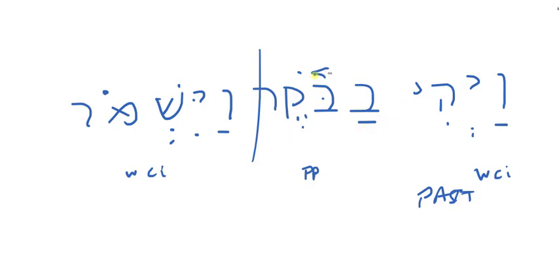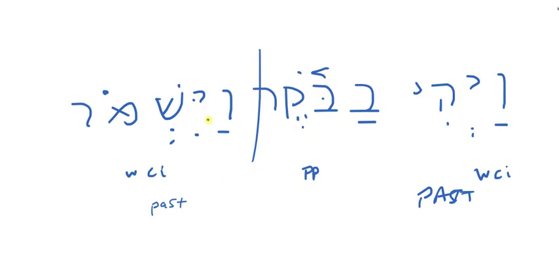I'm going to translate the prepositional phrase first, though. What is Baboker? In the morning. But whatever that morning is, it is past tense. In the morning, past time, what happened? Then the next clause begins with a WCI form, which is what time frame? It's also past. So you're going to translate it as past.